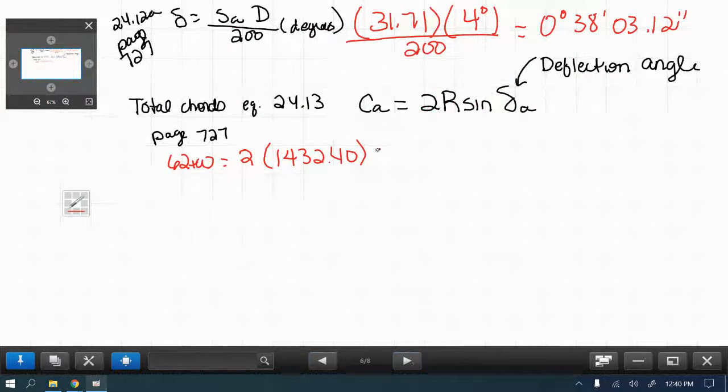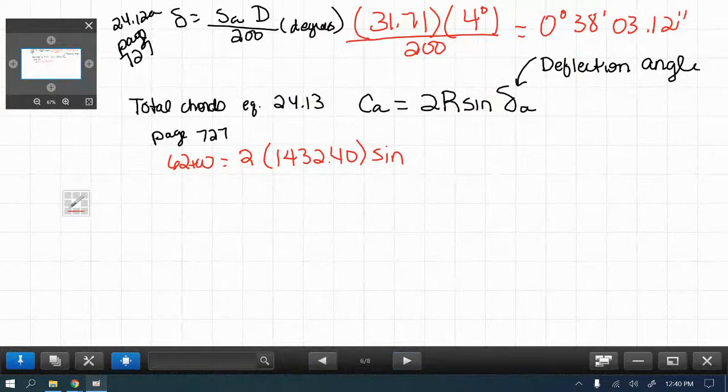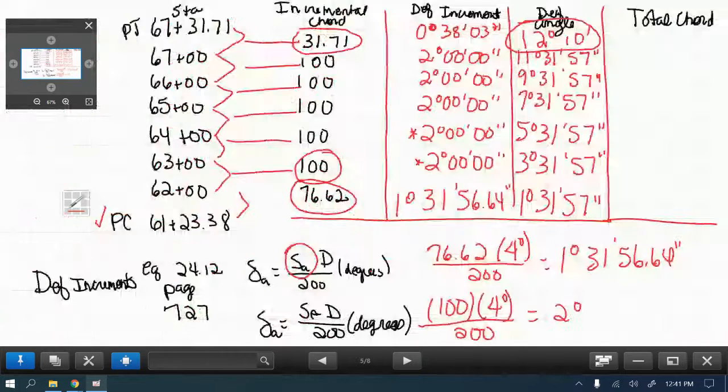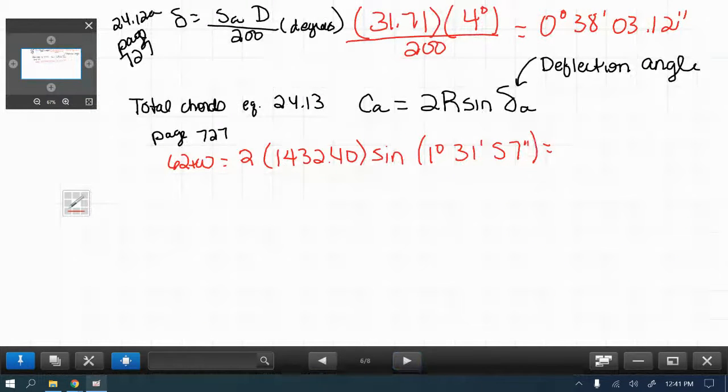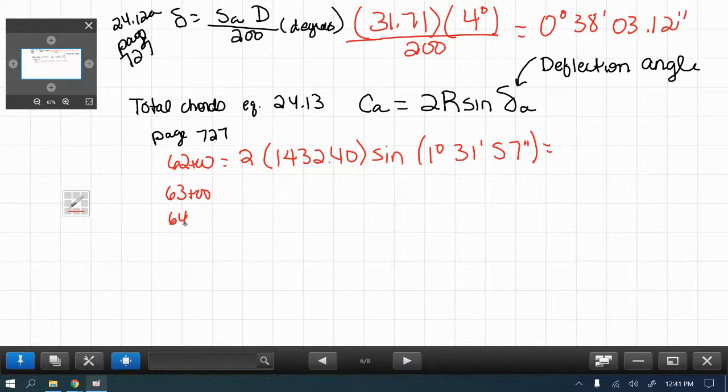And then sine deflection angle. So the first one was that 1 degree, 31 minutes, and I think I had 57 seconds. Yep. And then I'm going to do 63. I'm going to go ahead and put them in first.